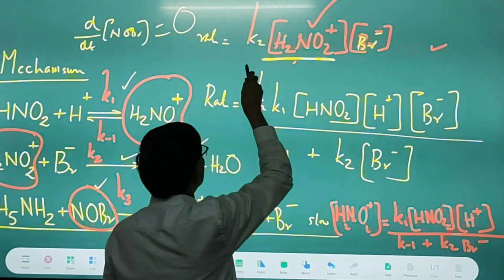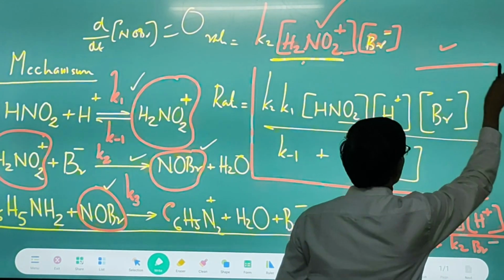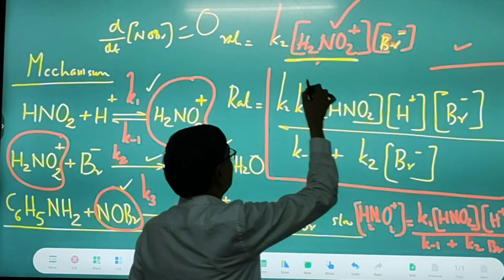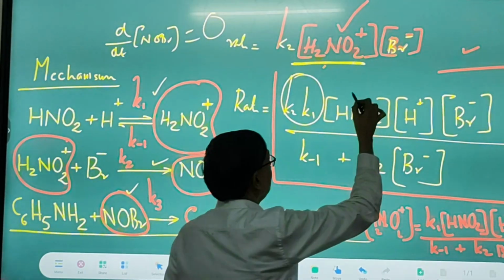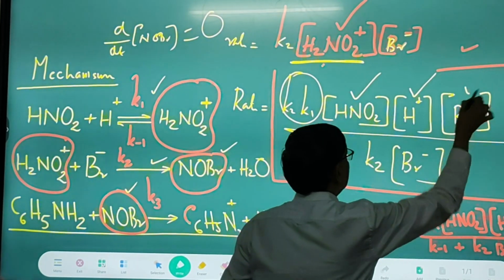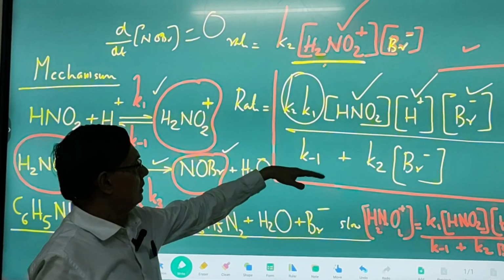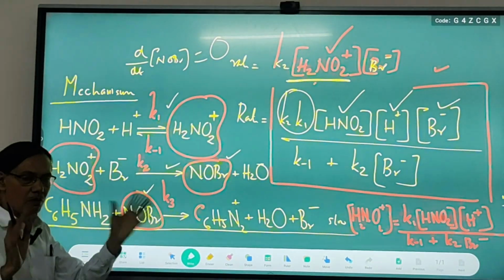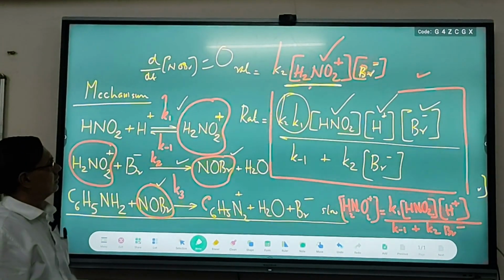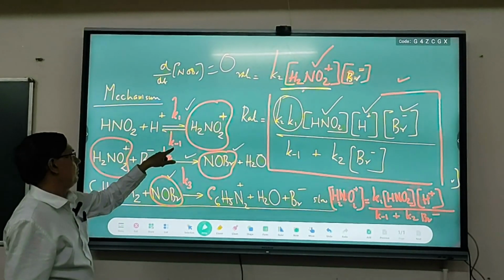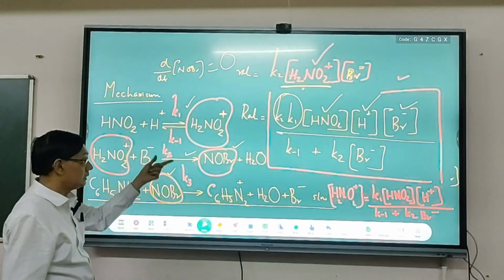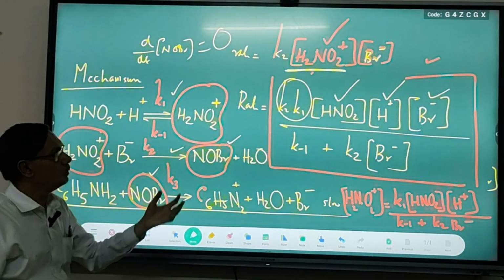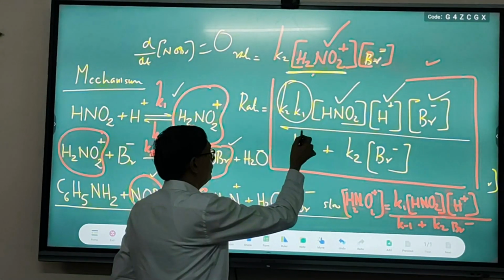This is the final rate law where the main reactant is not involved. You can write it with a constant, HNO2, H+ and Br-. And then, what about the denominator values K inverse 1 and K2 Br-? It depends. When you perform a complete experiment, suppose you compare the K1 step, because both these steps are very slow steps, and the magnitude of K inverse 1 is very low, you can remove this part.